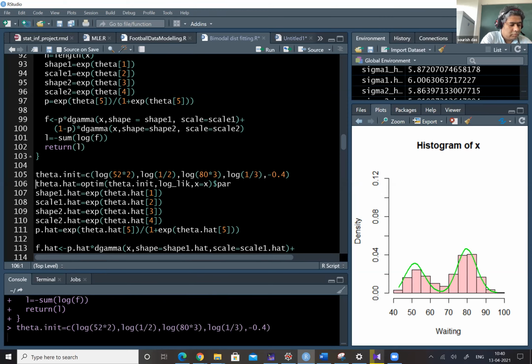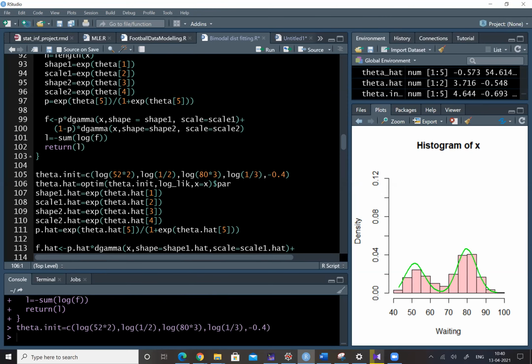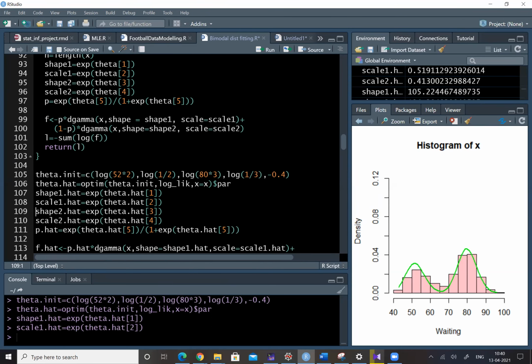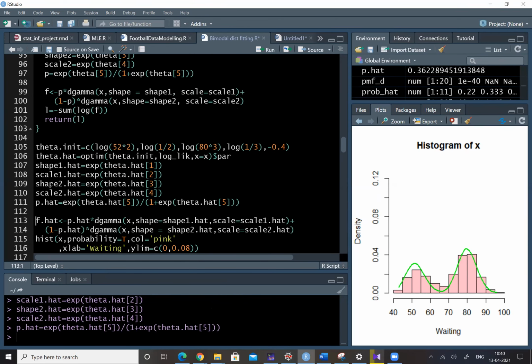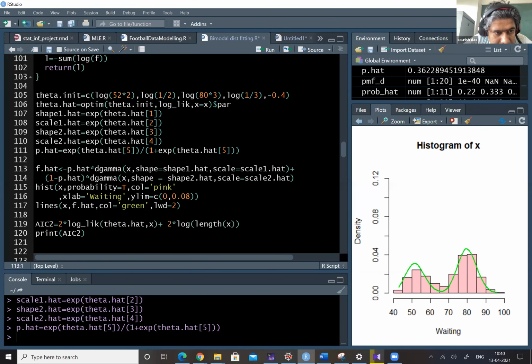So that's that, and theta hat is equal. optim's dollar par gives me the parameters directly into theta hat, and then I am extracting shape one, scale one, shape two, scale two, and p hat from the theta hat that I've obtained, and f hat is basically the estimated PDF.